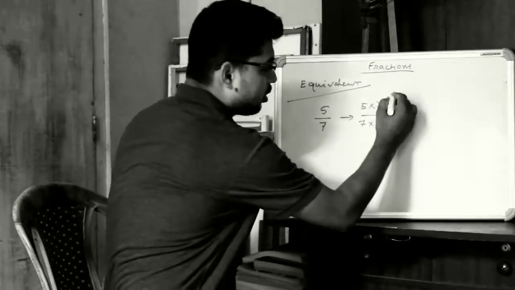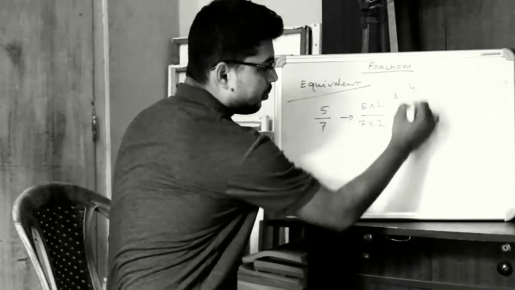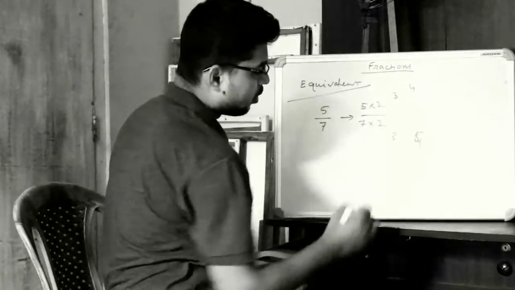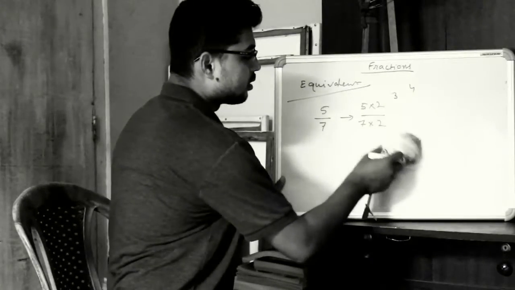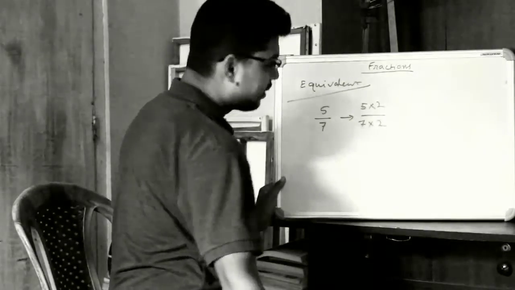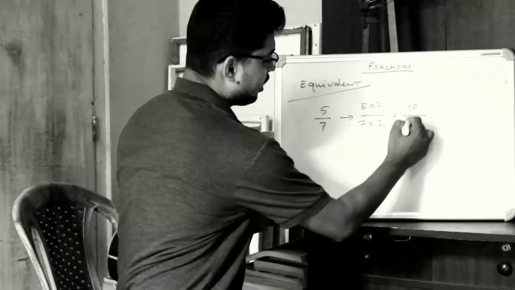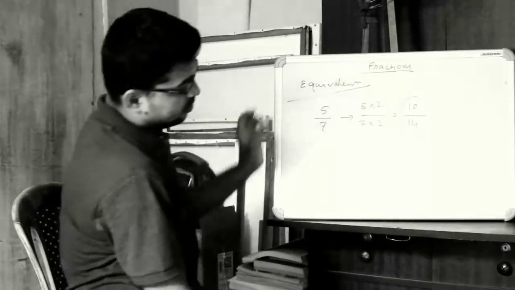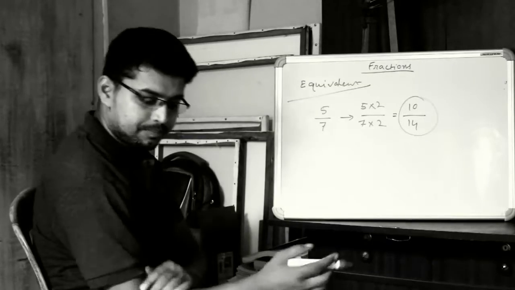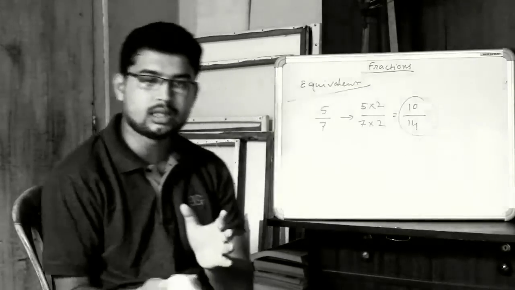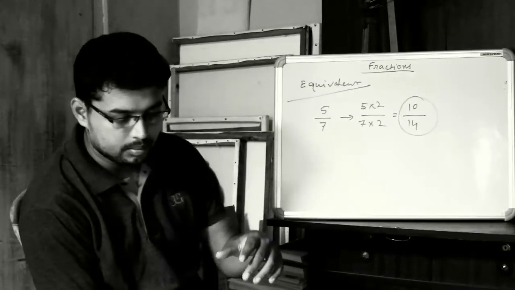If you multiply with 3, then 3 and 3, or 4 and 4. Not different. So you have to multiply the same number upside and downside. So you will get 10 and 14. So 10 by 14 is the equivalent fraction of 5 by 7. So this is the basic thing for activity 1.